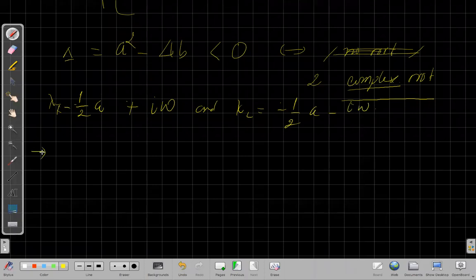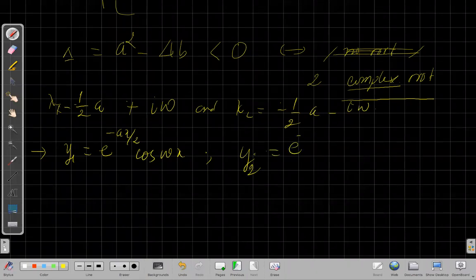So in this case, we also have two basic solutions of the equation. y1 equals e^(minus a x over 2) cosine omega x, and the second basic solution, similar to this one, we can write the formula: y2 equals e^(minus a x over 2) sine omega x.